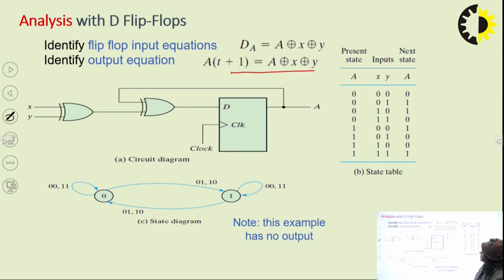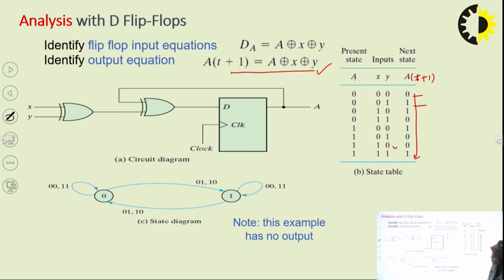As we all know, for a D flip-flop the next state is equal to D. So A(t+1) equals A XOR Y XOR X. For the truth table or state table, we write present state A and input XY, and for this we write all the possible combinations from 0 0 0 to 1 1 1. Next we calculate the next state A(t+1): for 0 XOR 0 XOR 0 it is 0, then 0, 0, 1, 1. In this way we calculate all the next state values and then draw the state diagram.